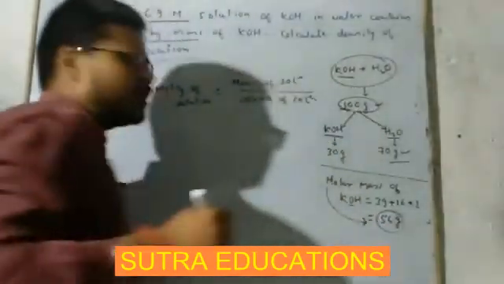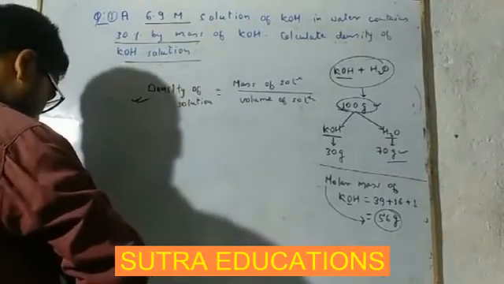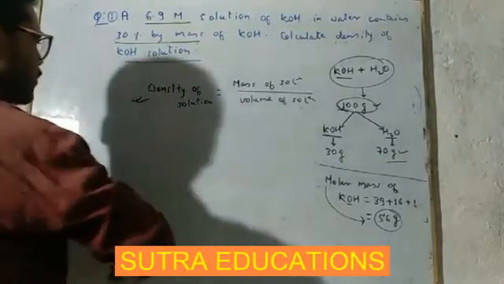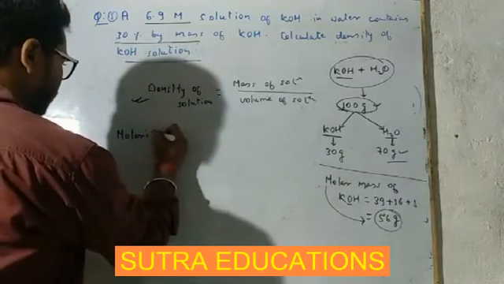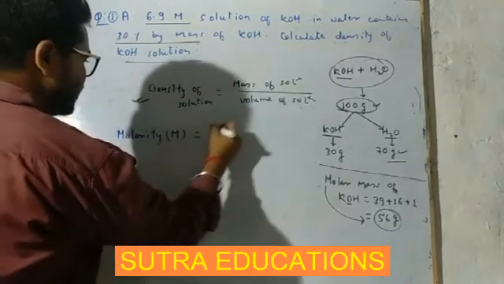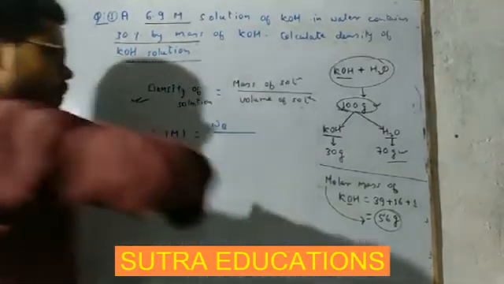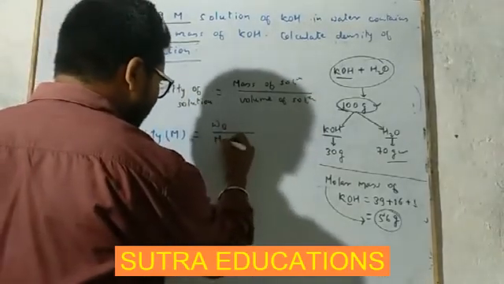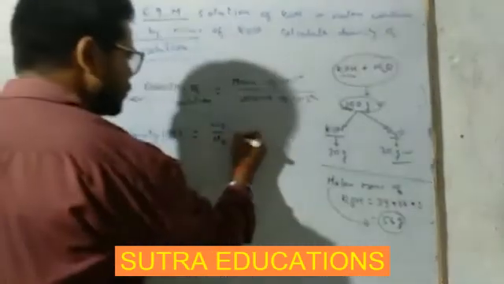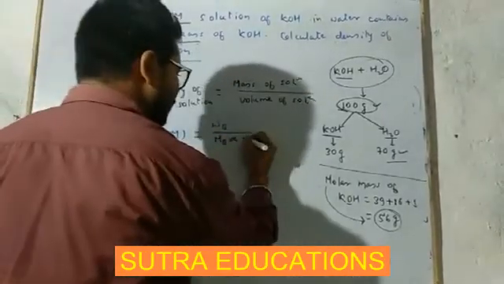Now write what is molarity. Molarity, capital M, is equal to mass of solute WB divided by molar mass of solute MB into volume of solution in liter. So we will write 1 liter here.